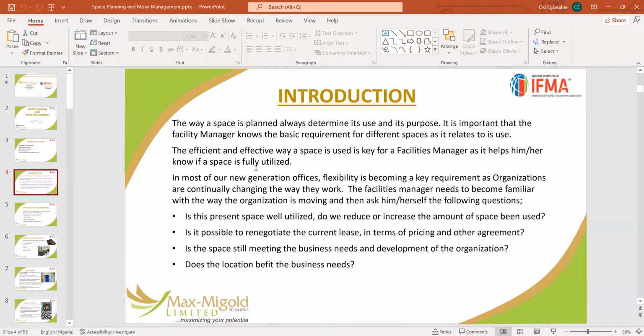You will better understand to know whether that space is fully utilized or not. If you have an auditorium, that the maximum seating capacity of that auditorium is, let's say, about 700, and constantly you have been sitting, let's say, 100 persons in that auditorium from time to time, and it has never exceeded.